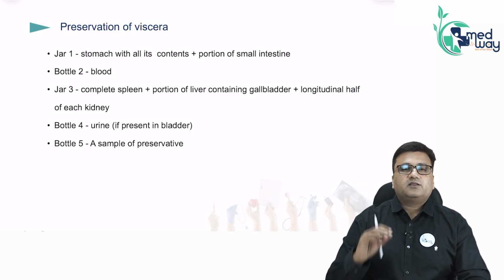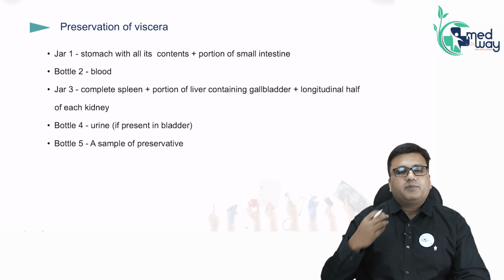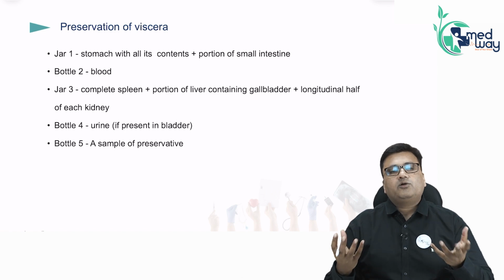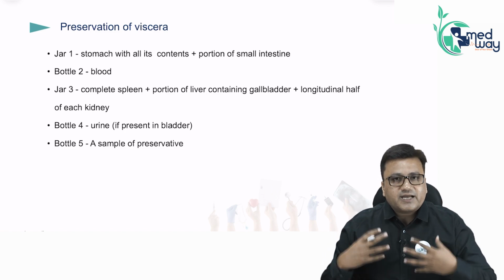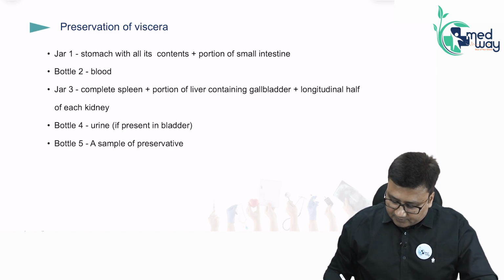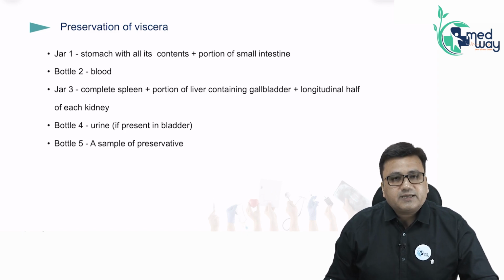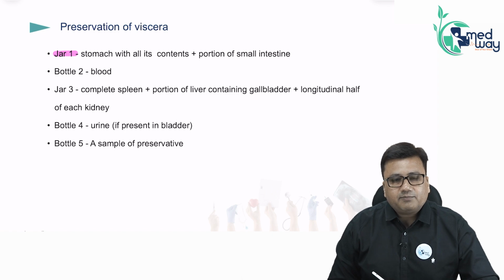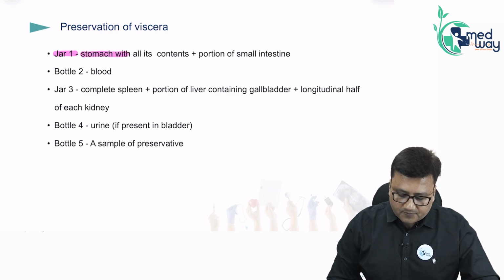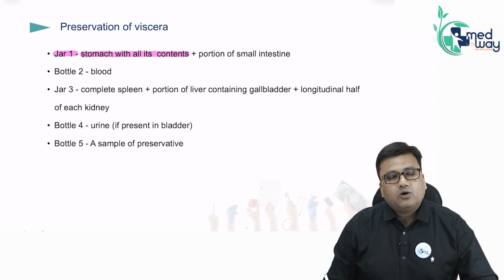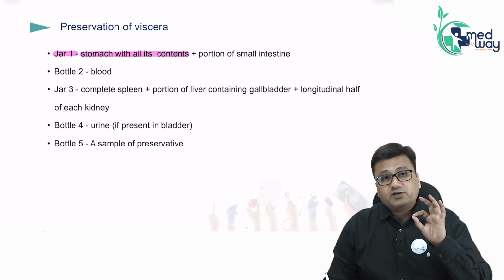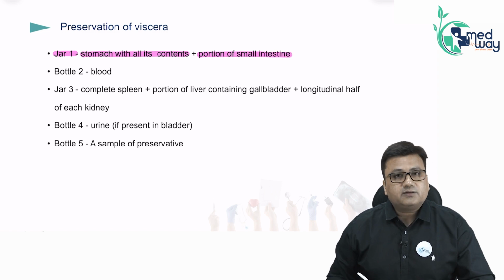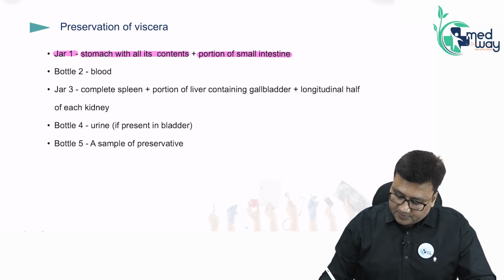The first pathway is the ingestory pathway, the pathway which is used to ingest something or to introduce something inside the body. That pathway is preserved separately in jar 1, and the representation of that pathway is the stomach with all its contents, whatever is present in the stomach and a portion of small intestine.